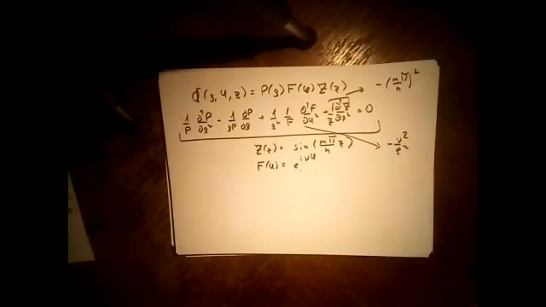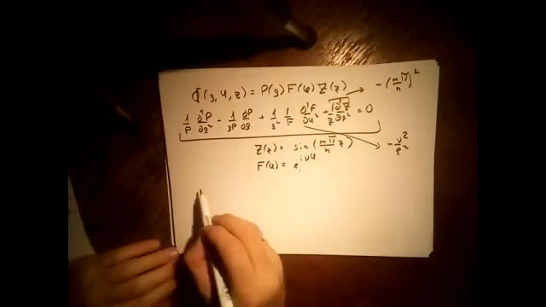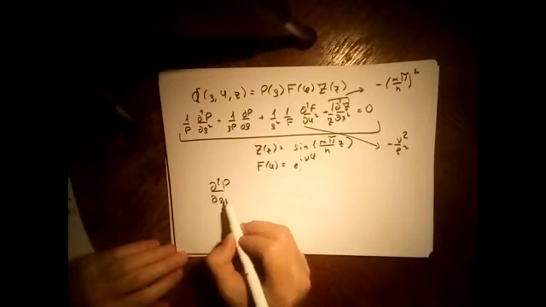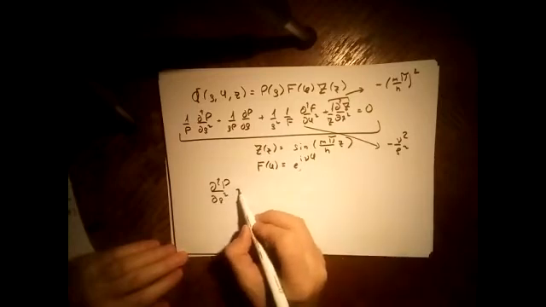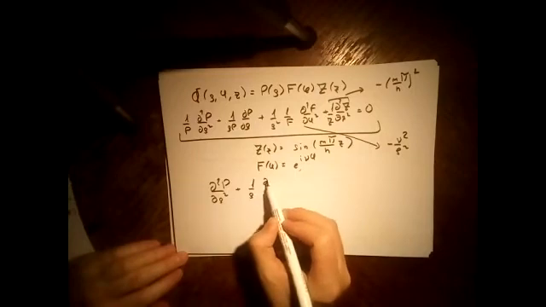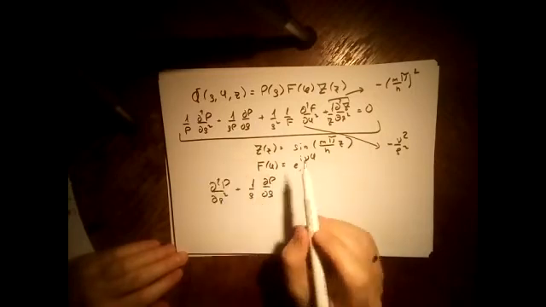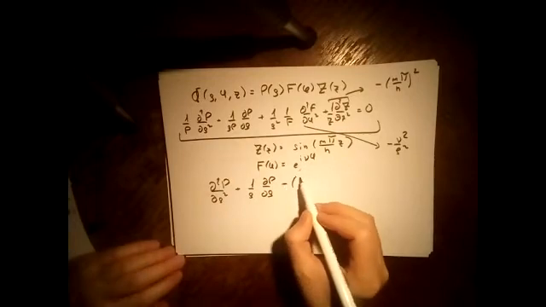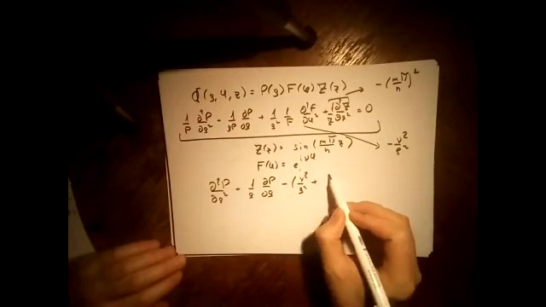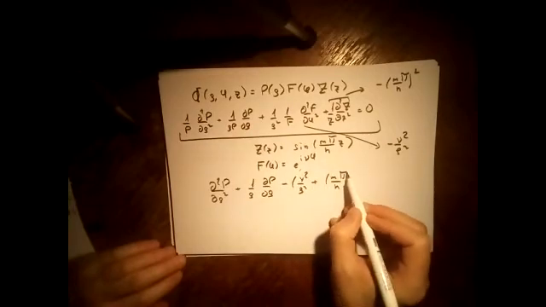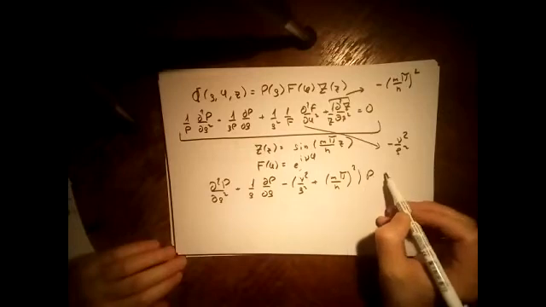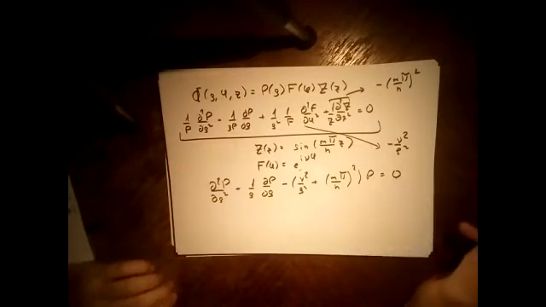So basically what we're going to be left with is an equation for this function that I've been calling P: P double prime plus 1 over rho times P prime, minus nu squared over rho squared plus (m pi over h) squared, multiplied by P, and that's equal to 0.